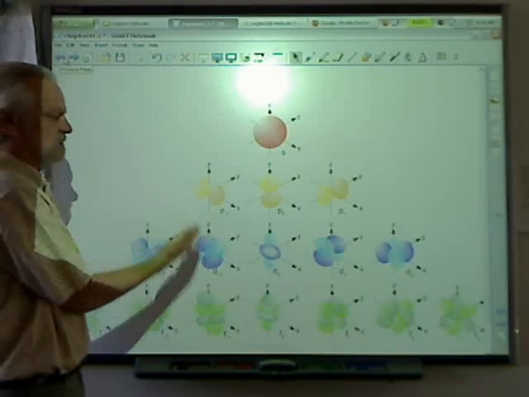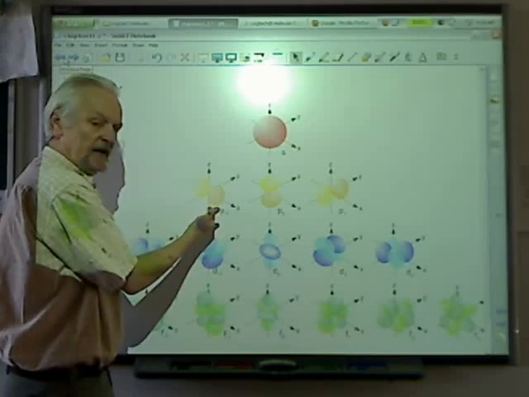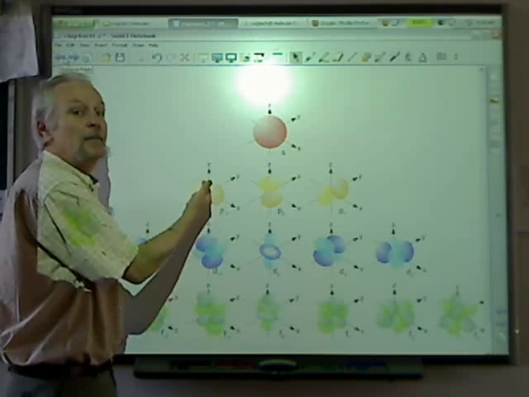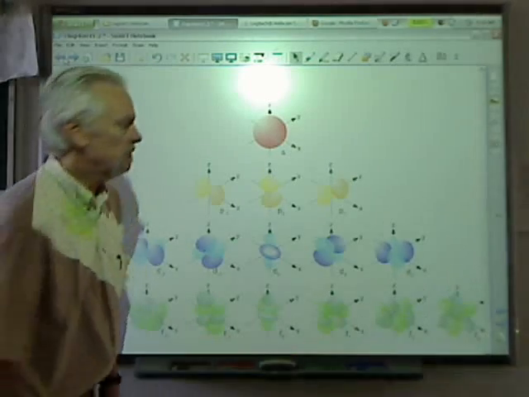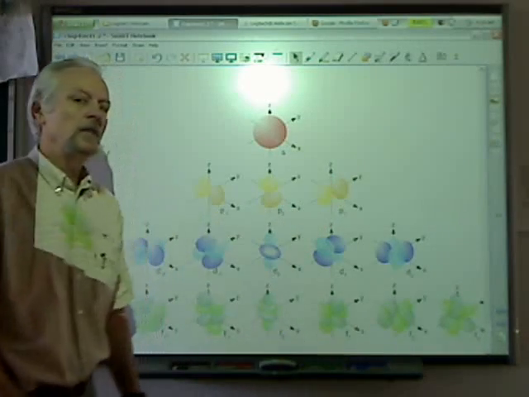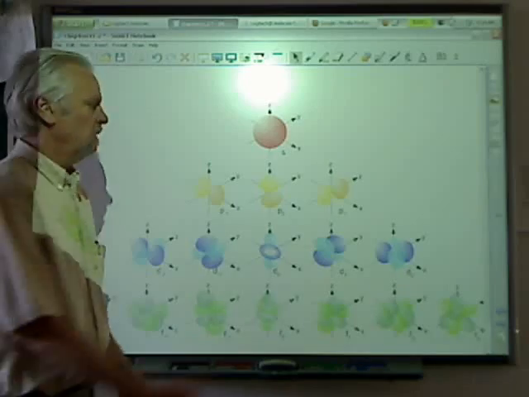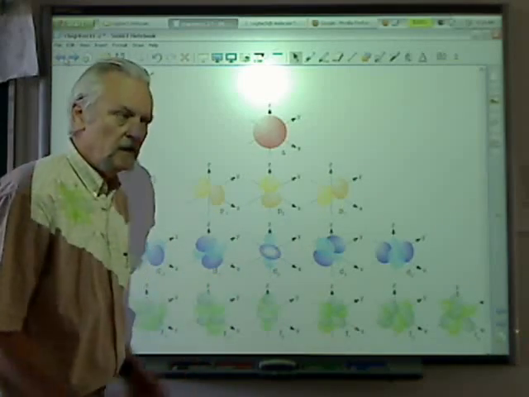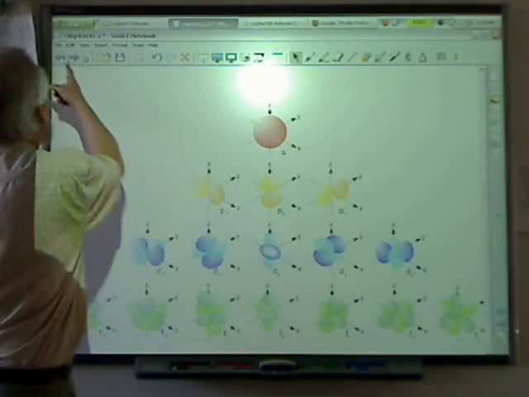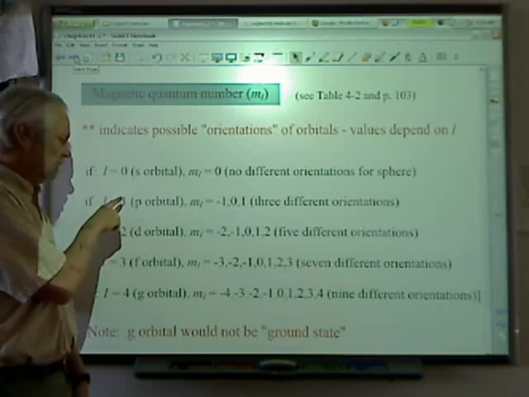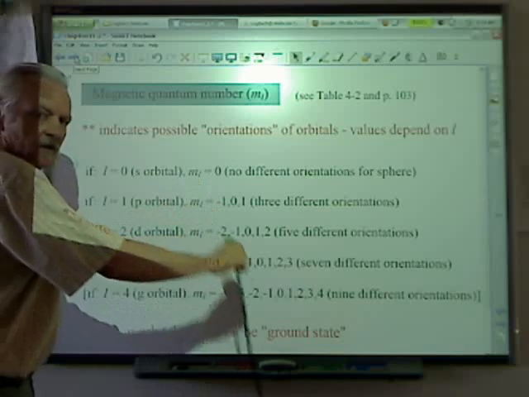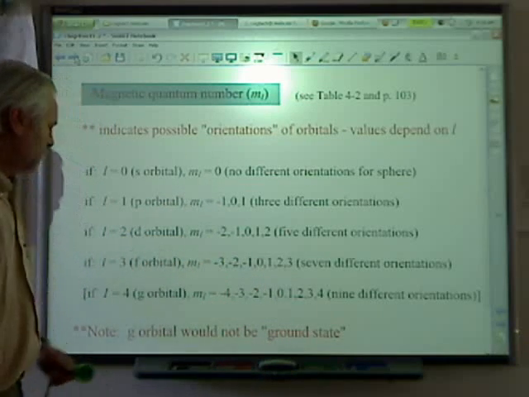Again, if we use these as the representations, this would have a -1 magnetic quantum number, this would have a magnetic quantum number of 0, and this would have a magnetic quantum number of 1. All of those are the possible values for angular momentum quantum number of 1. Notice how this sort of expands as we go up.